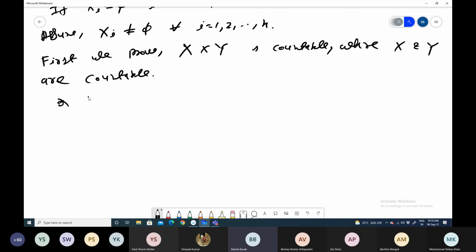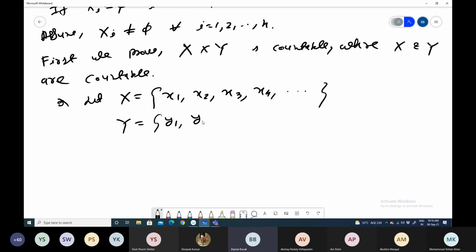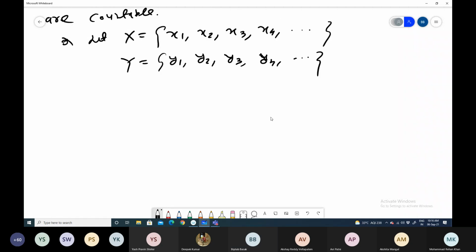Now since x is countable, we can write x as x1, x2, x3, x4 in that way, right? And y equal to y1, y2, y3, y4 in that way. Now what is x cross y?